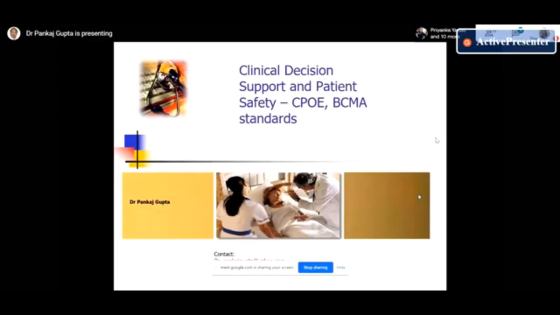Just the clinical decision support systems also you can explain. I think that will be covered. Yeah, how it works. Sure. There is a slight difference between clinical decision support and the way CPOE standards are. So CPOE standards are a step above normal clinical decision support systems. But yeah, I'll go into that.